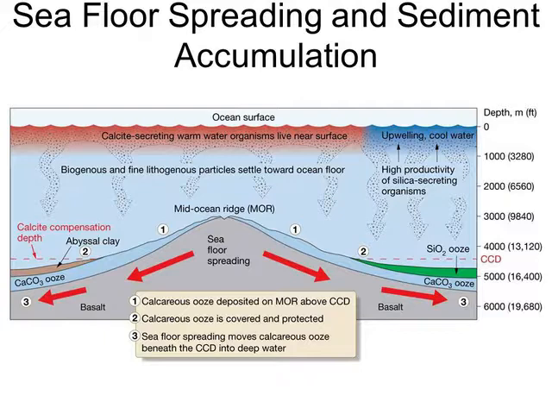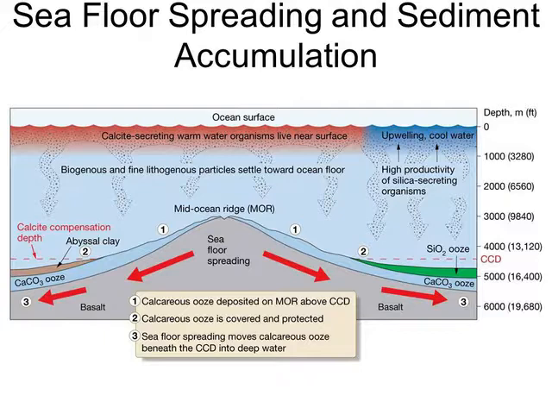But then at a certain point, if it continues to move off of the ridge and into the deep ocean, if it has not been covered by either abyssal clay or siliceous ooze, which you see on either the left or the right hand side in the brown and green colors, then it will dissolve.